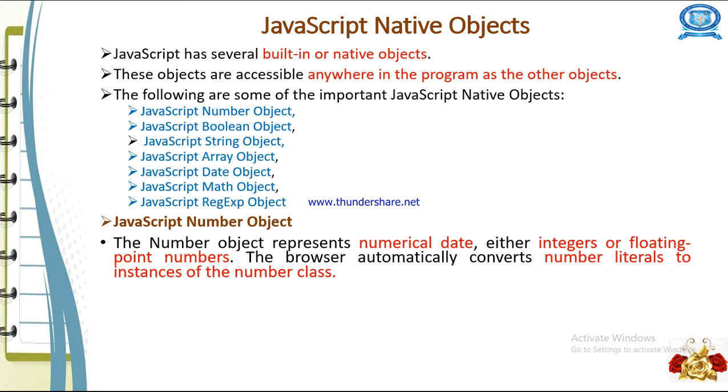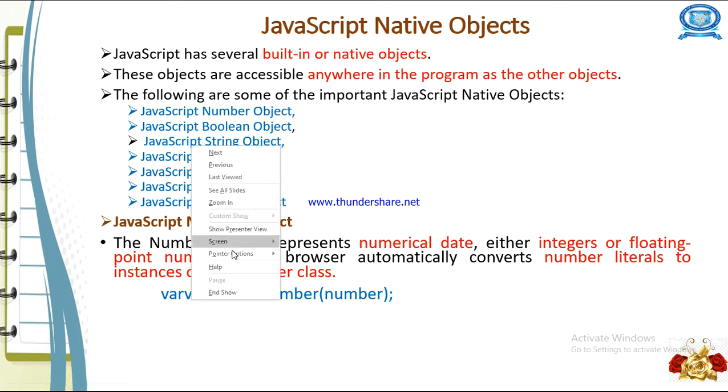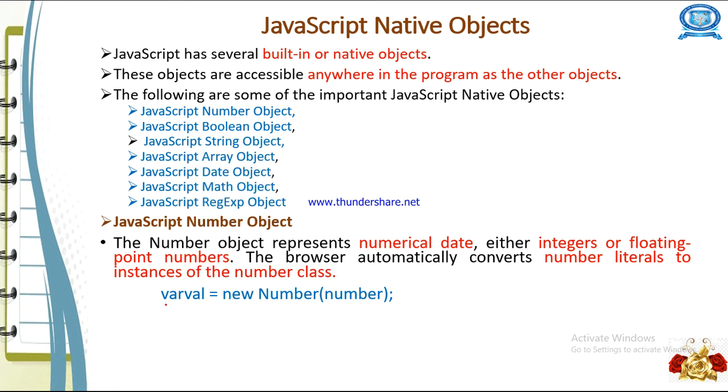The browser automatically converts the number literal to an instance of the Number class by using some function. This is an example for a JavaScript Number object: value equal to new Number, within brackets, number. This is a general representation of the JavaScript Number object.